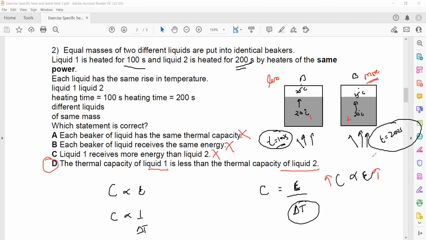Is this question clear? Is question 2 clear, why the thermal capacity of liquid 1 is less than that of liquid 2? Because liquid 2 receives more energy, so it will have a high thermal capacity or heat capacity.